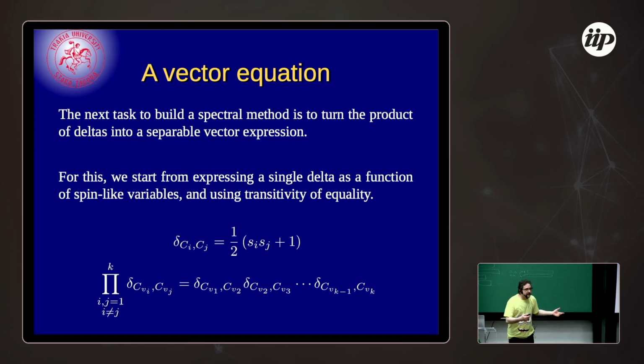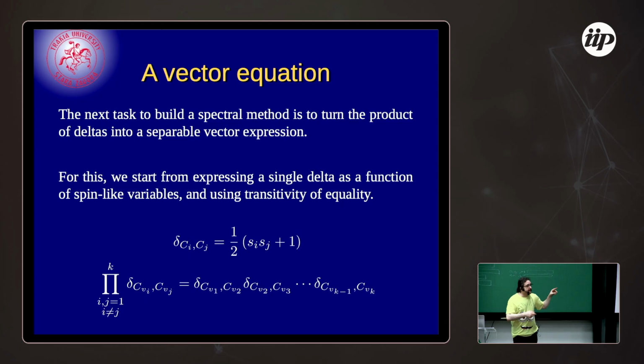You want to see why? Suppose that one is in community 1 and the other in community 2, so up, down, +1, -1. If the communities are different, the product of S_I and S_J is -1, because one of them will be plus and the other will be minus. -1 + 1 is 0, 0 divided by 2 is 0, and the delta of different variables is indeed 0.